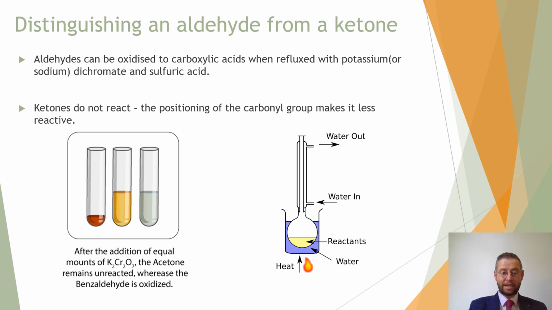So it's a bit of a mixture, but after addition of equal amounts of this potassium dichromate, K2Cr2O7, acetone remains unreactive, but benzaldehyde becomes oxidized. So basically, the ketone is not reactive in this instance, it doesn't change color, but the aldehydes do. And that is the standard test for figuring out, do we have a ketone or an aldehyde?